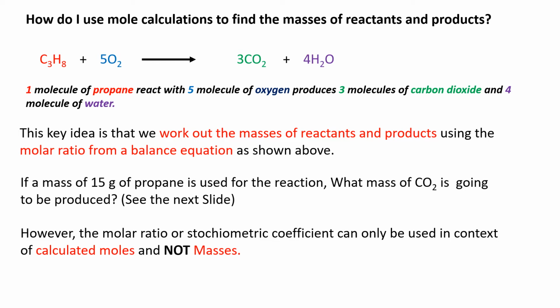But the important thing to note is that the molar ratio, or the stoichiometric coefficient, can only be used in the context of calculated moles and not masses. So we can't use masses to predict what mass of CO2 is produced when 3 molecules of CO2 are produced. We have to first work out the moles, and then we can use that molar calculation to find out the mass of the respective reactants and products that we are interested in.